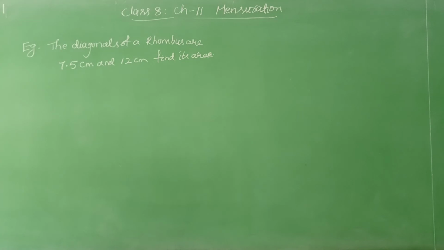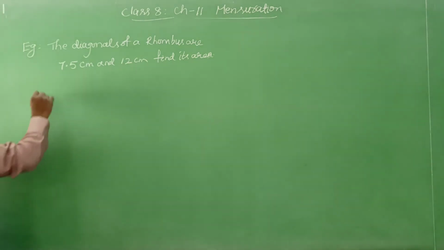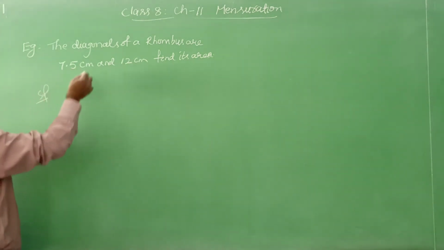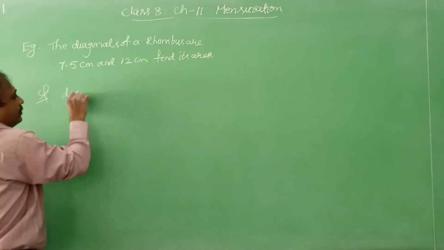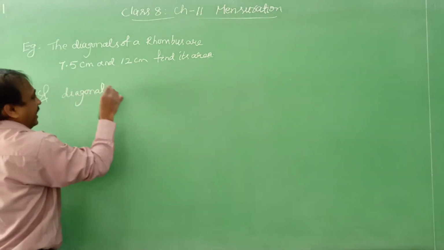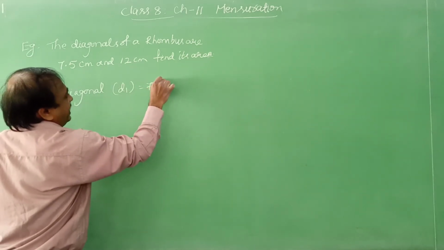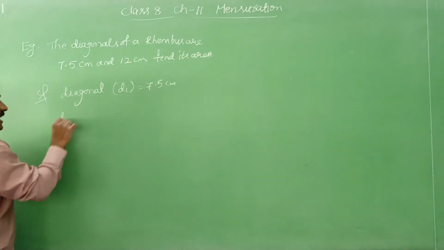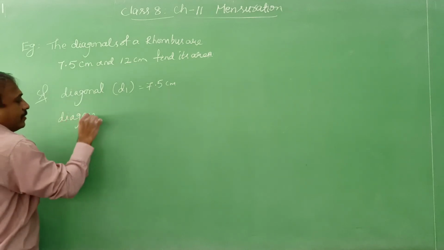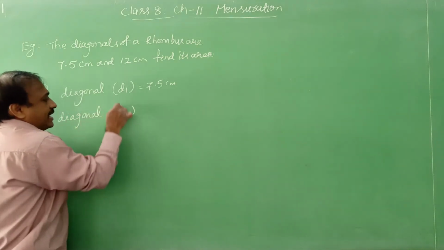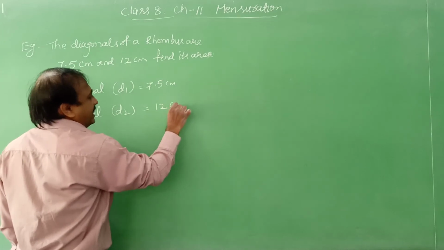So here we have a question. The diagonals of a rhombus are 7.5 cm and 12 cm. Find its area. Solution: diagonals are given. Let diagonal D1 be equal to 7.5 cm and diagonal D2 be equal to 12 cm.